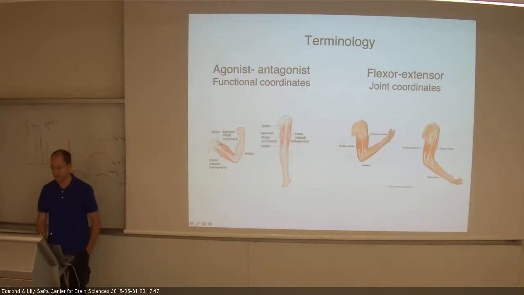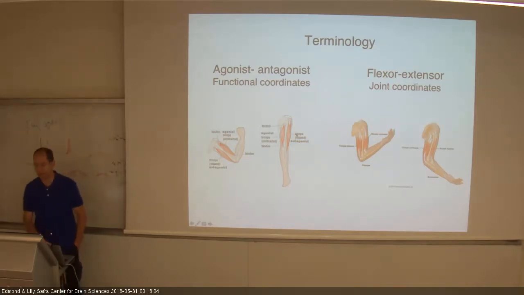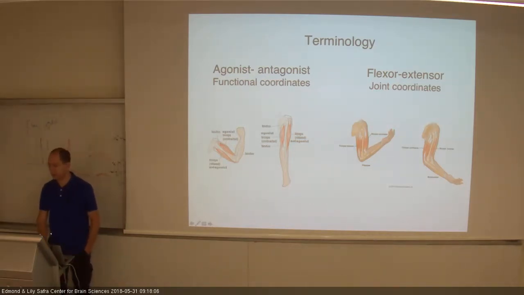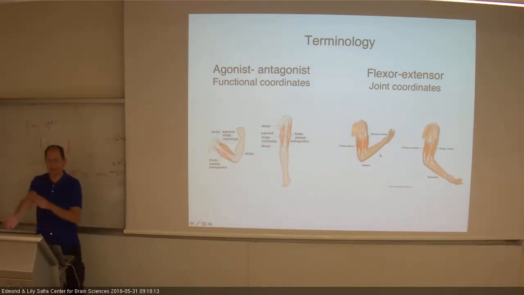It's functionally based. So in this movement, this is the agonist and this is the antagonist because we're trying to bend the hand. If we're trying to extend it like here, then it's the opposite: this is the agonist and this is the antagonist. That's in terms of the function of what we're trying to do. Another terminology is in terms of joint coordinates: is the hand being extended or flexed?